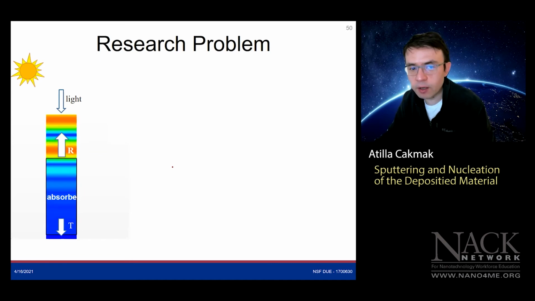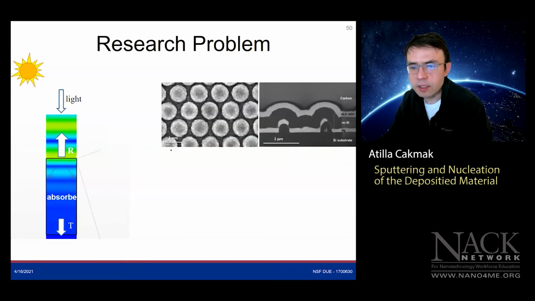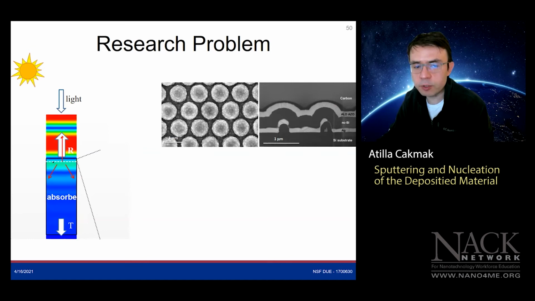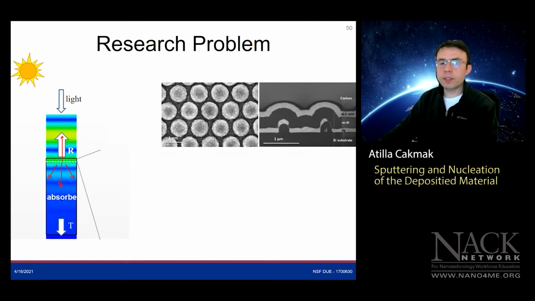To show you a couple of my own research results from a few years back, we were working on solar cell fabrication. Solar cells absorb the light. You send the light from the top, and some of it gets reflected. This is an actual simulation result, by the way. Some important portion of it leaks into the absorber material, and the idea is of course to absorb the incoming light.